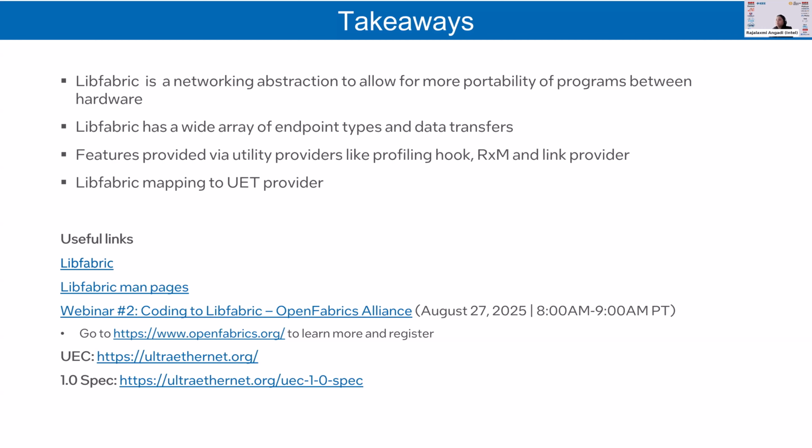In the interest of time, we did not cover atomic and datagram endpoints. We also saw the utility provider briefly, the profile hook provider that was also presented, and the examples were also there. And we saw in detail the link provider. We also saw some insights into the Libfabric UET mapping as well.